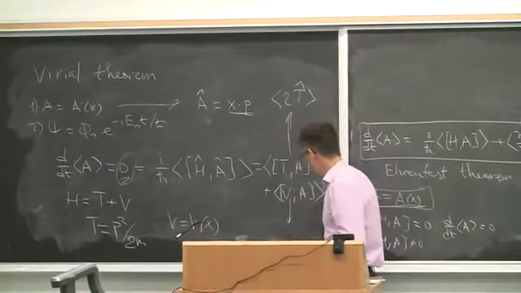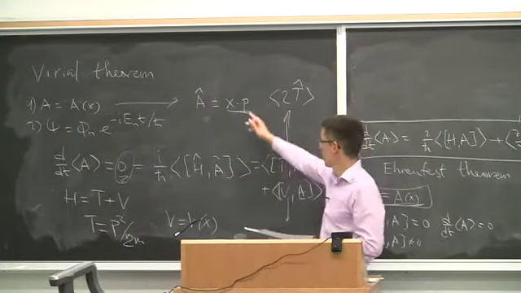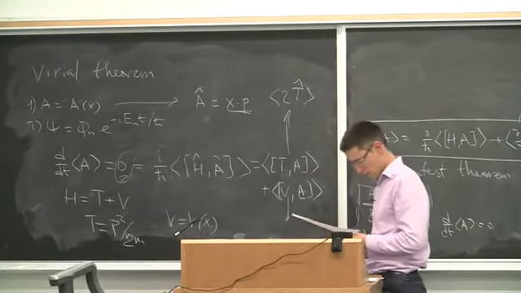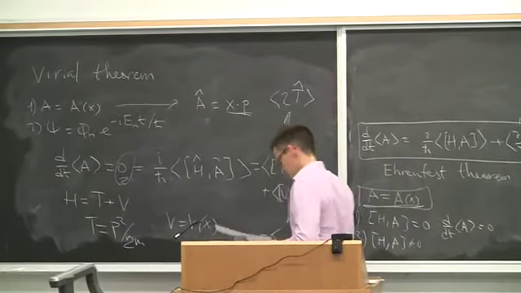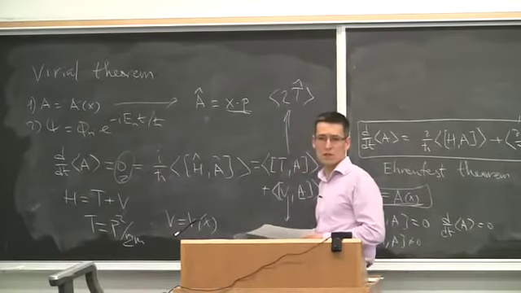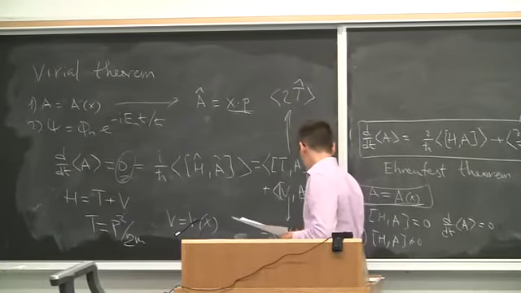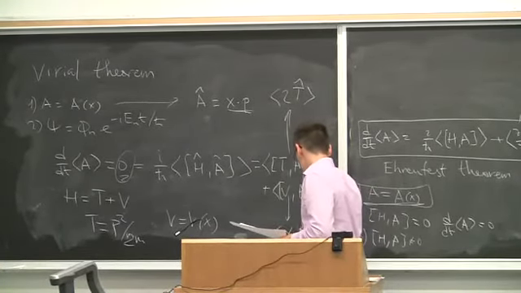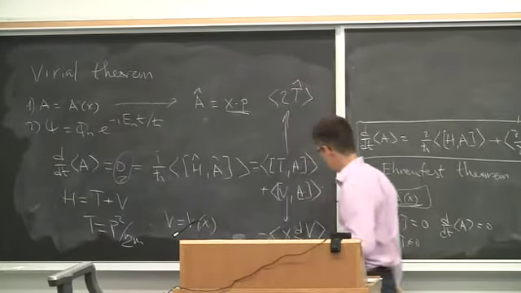And if you take the commutator of V with A, again x times p, then you get the expression minus the average of x d over dx of V.